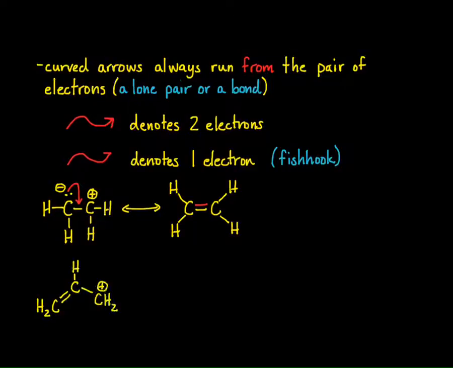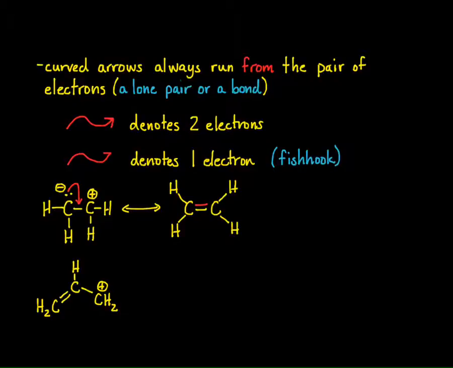Another example is the allylic carbocation. I'm going to explore the allylic carbocation in a little bit more detail later on, but here you have a carbon that has a positive charge on the right.